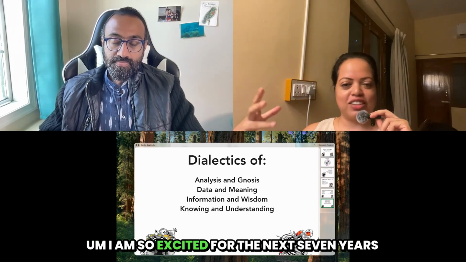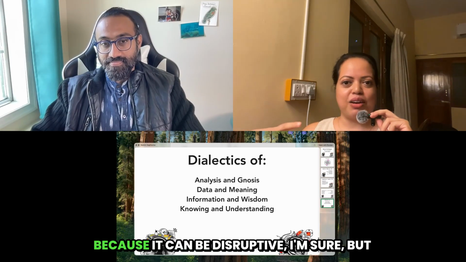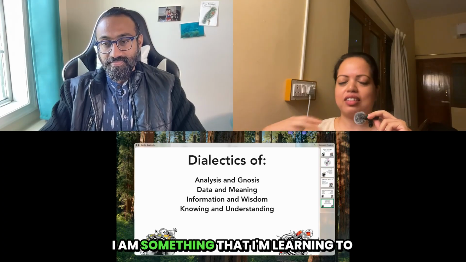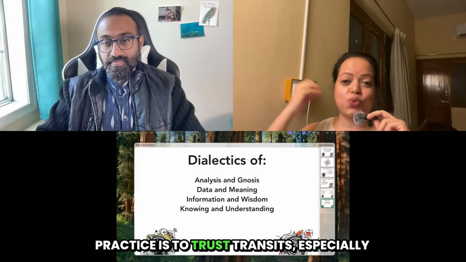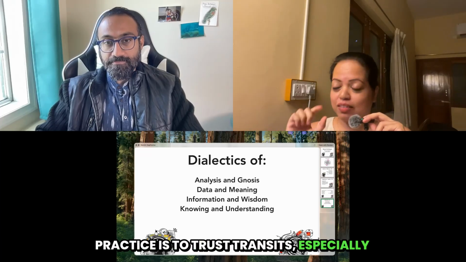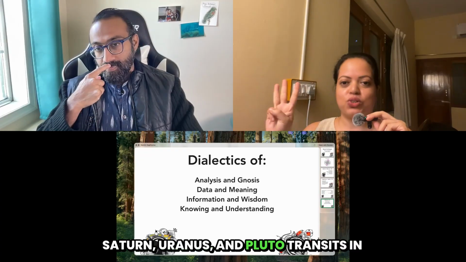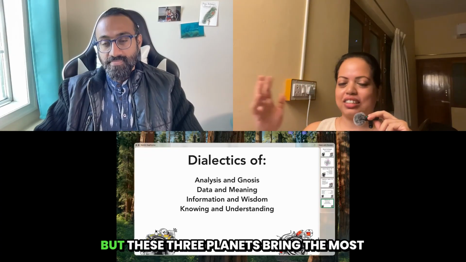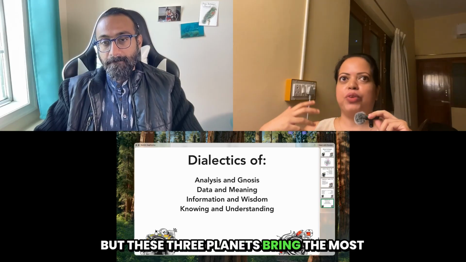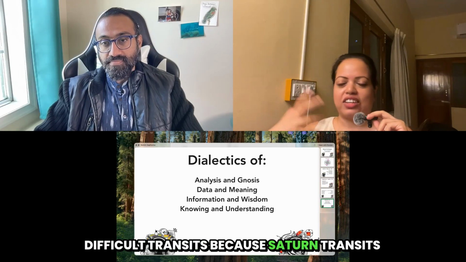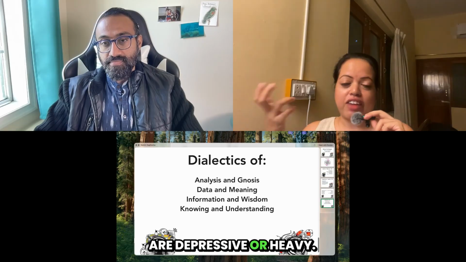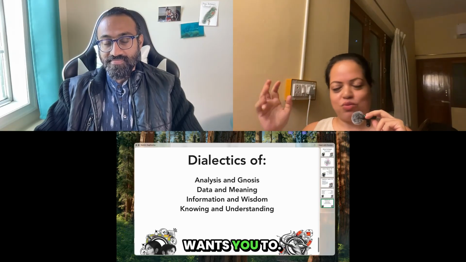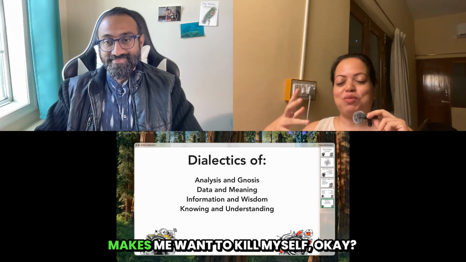I am so excited for the next 7 years because it can be disruptive, I'm sure, but something that I'm learning to practice is to trust transits, especially Saturn, Uranus, and Pluto transits, in increasing levels of difficulty. These three planets bring the most difficult transits, because Saturn transits are depressive or heavy, Uranus is sudden shocks, and Pluto just makes me want to kill myself.